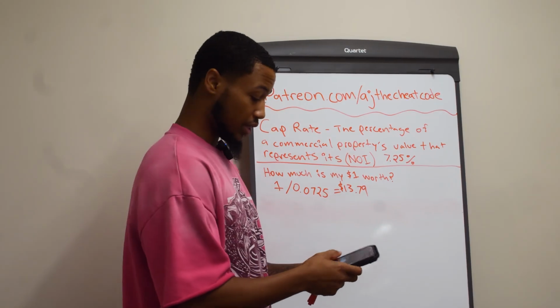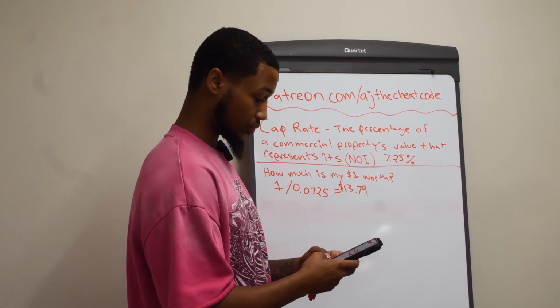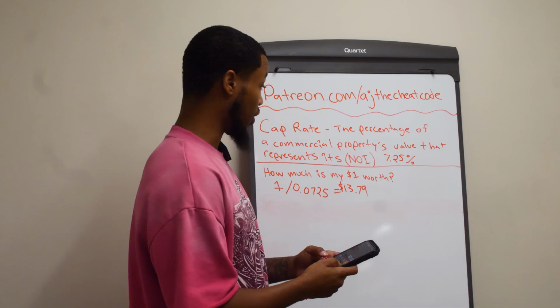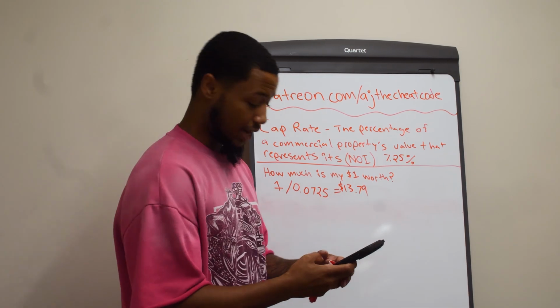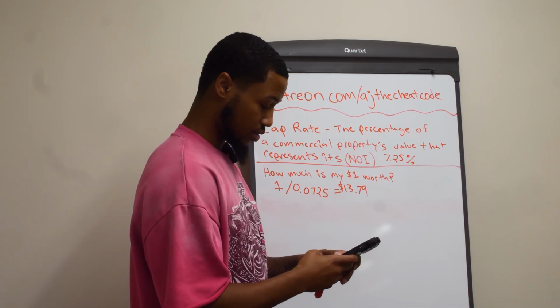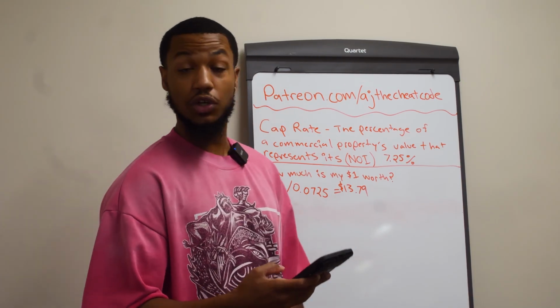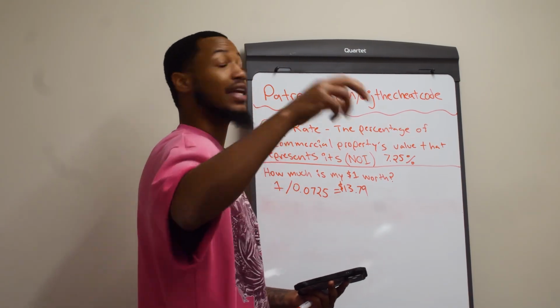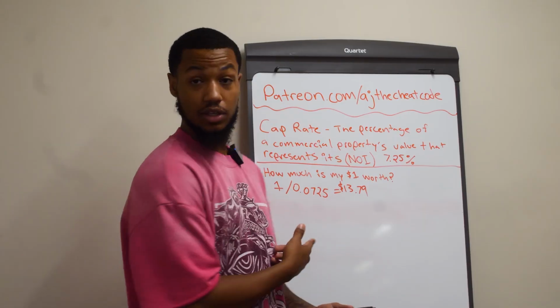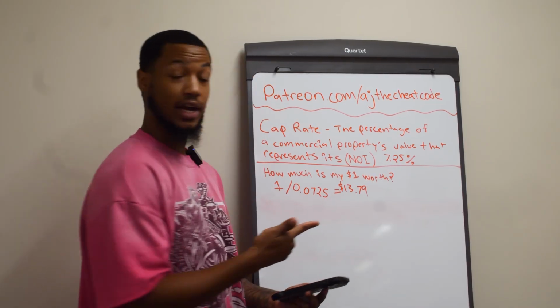You do $161.30 and you multiply that by 13.79, you get $2,224.32 for them paying late. That's how much value you're adding to the building.